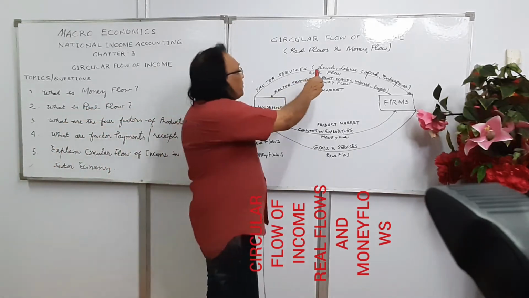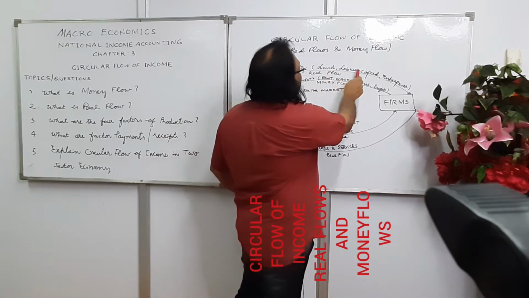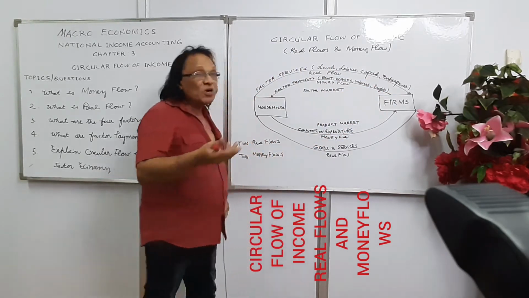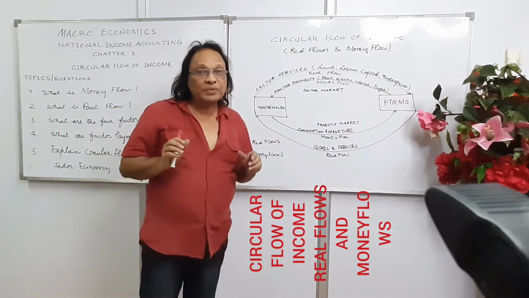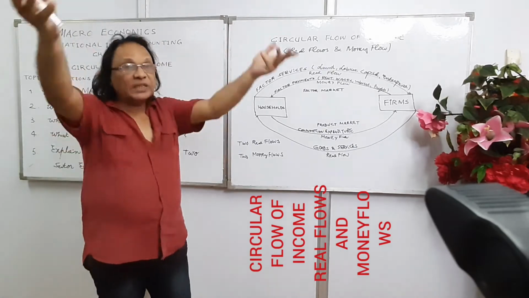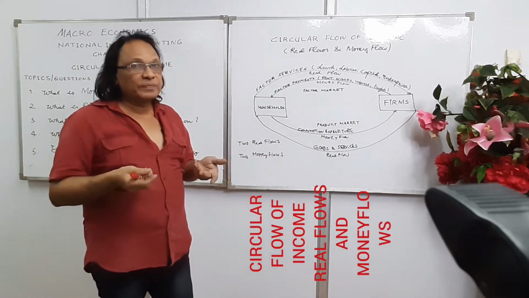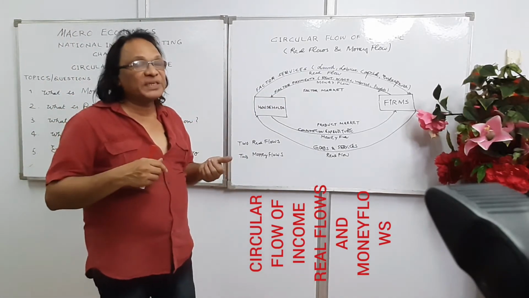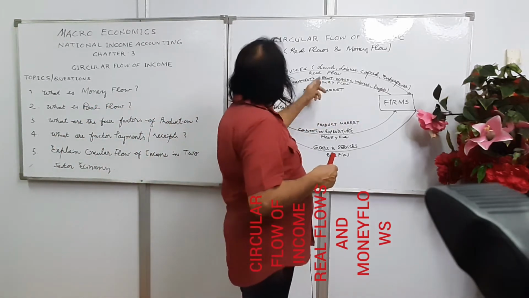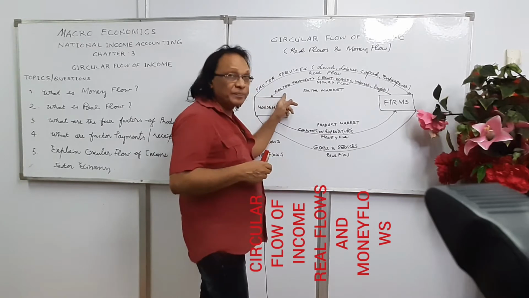With the help of these 4 factors of production, land, labor, capital, entrepreneurship or enterprise, the firms produce goods and services and sell them in the market. And whatever the receipts they get, they give it to the households again as factor payments.